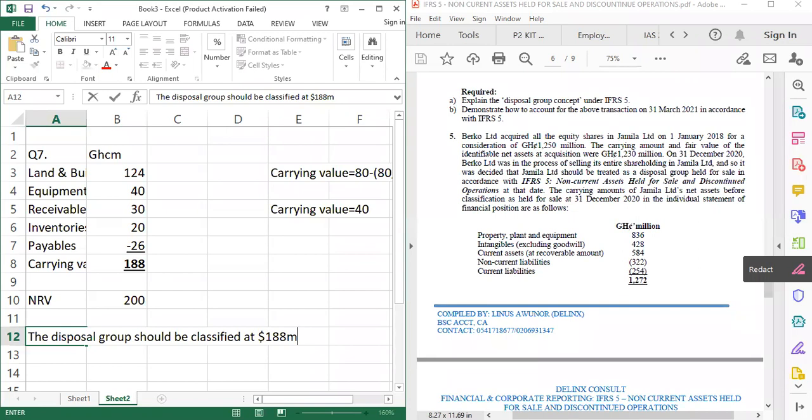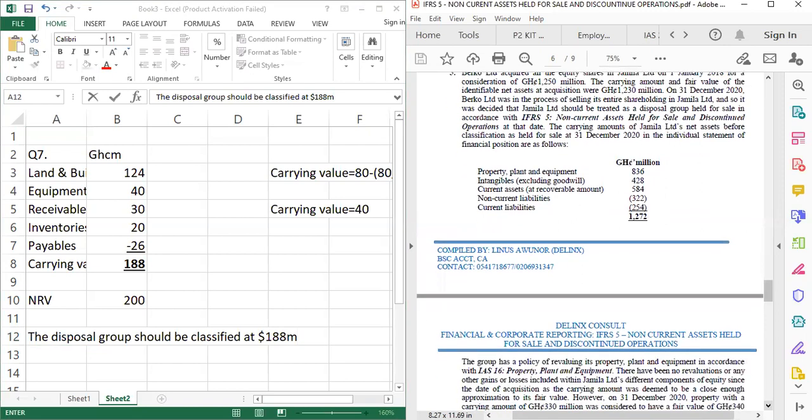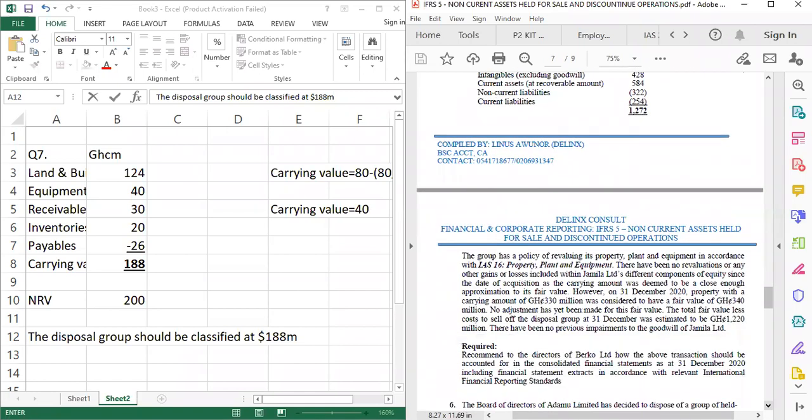At that date, the carrying amount of Jamila Limited's net assets before classification as held for sale at 31st December 2020 in the individual statement of financial position are as follows. Property, plant, and equipment, 836 million. Intangibles, excluding goodwill, 428. Current assets at recoverable amount, 584. Non-current liability, 322. Current liability, 254. Closing balance, 1272.